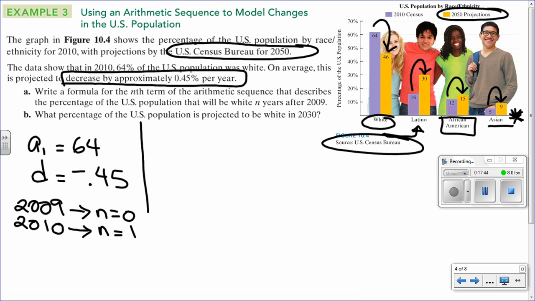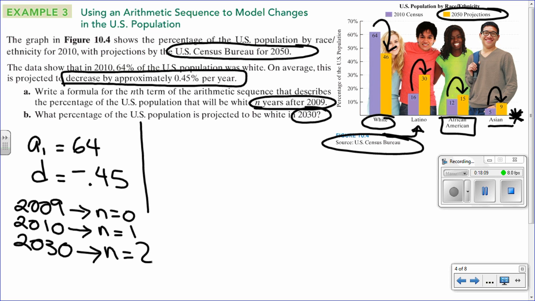And how do I know that? Well, because the problem says n years after 2009. So that establishes that 2009 is n equals 0. So from here, for the year 2030, I'm getting a little ahead because we're going to have to find that one. For 2030, what are we going to say that n equals? 20 or 21? 21. If you notice, there are 20 years difference here. So 1 plus 20, you get 21.